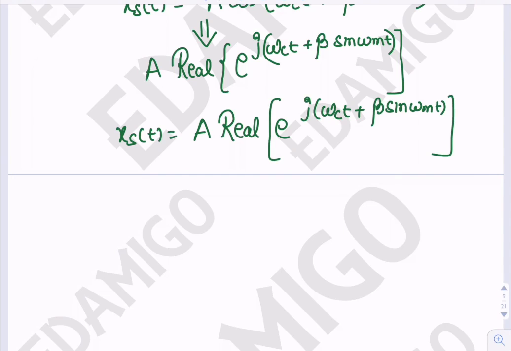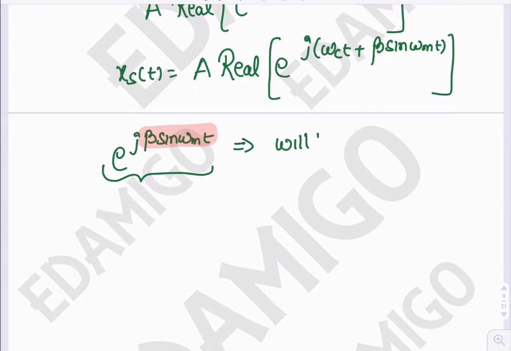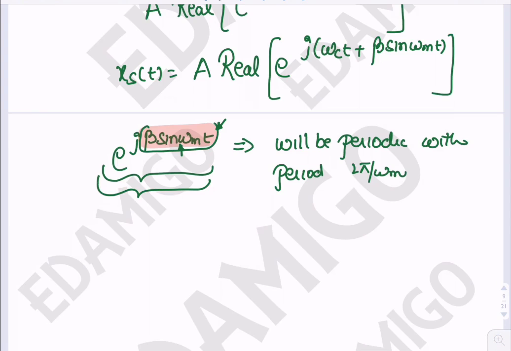This is the expression of x(t). Now let us look at e to the power j beta sin(omega_m t). Since beta sin(omega_m t) is a periodic function, this whole signal will also be periodic, with period 2 pi by omega_m, the same as the period of the individual signal.